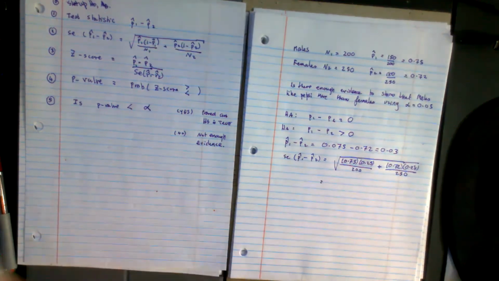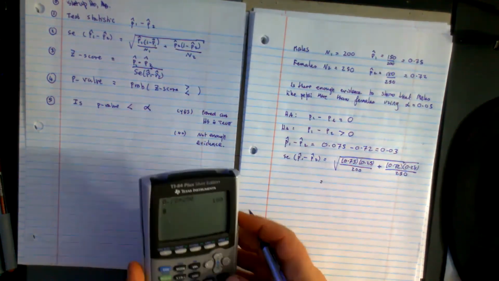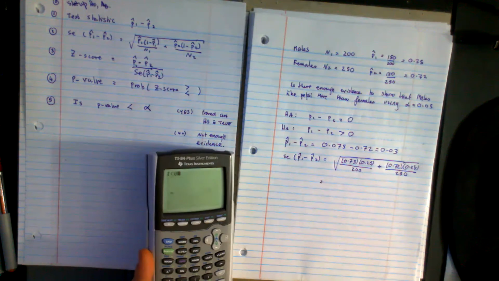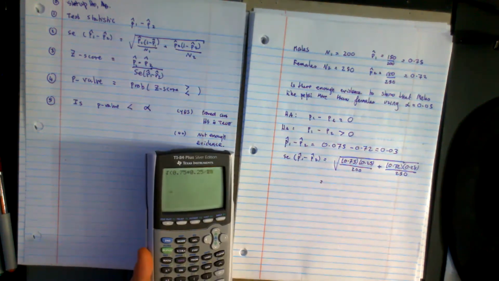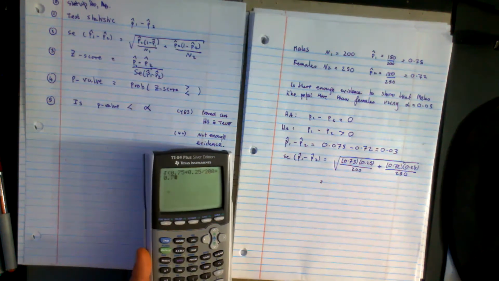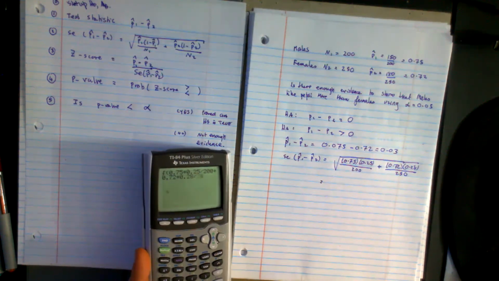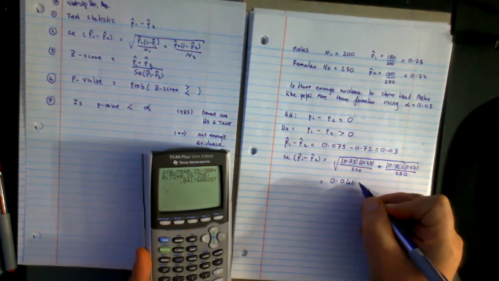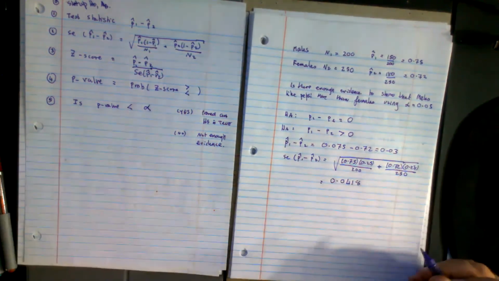Let's see what we get here. If I square root of 0.75 times 0.25 divided by 200 plus 0.72 times 0.28 divided by 250, the answer we get here is 0.0418 to 4 decimal places.